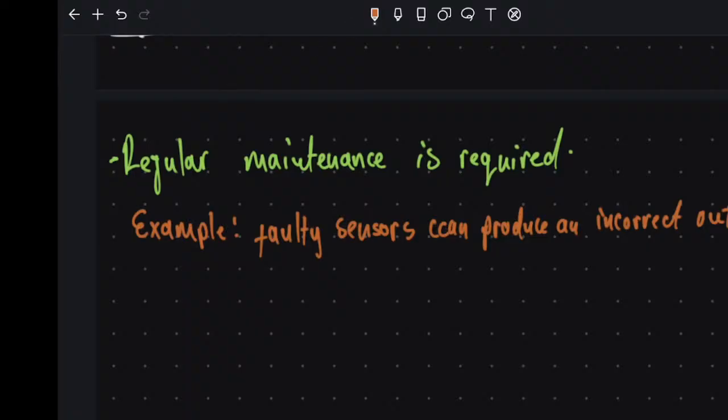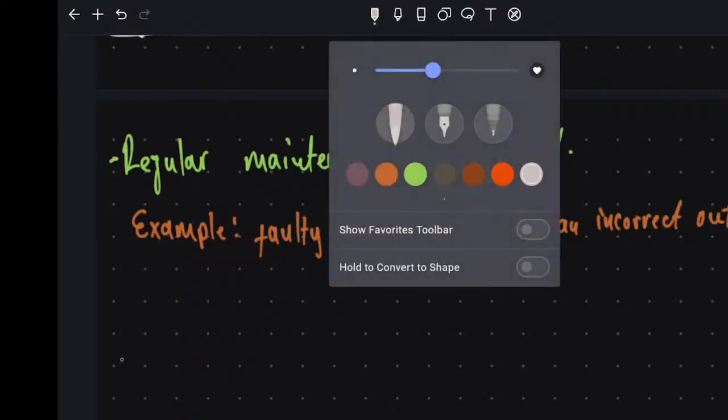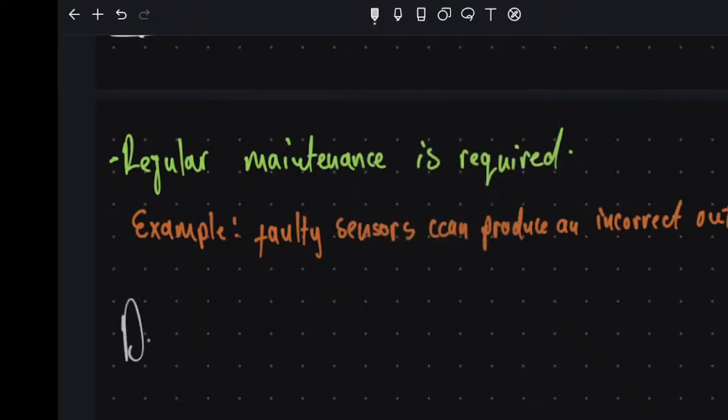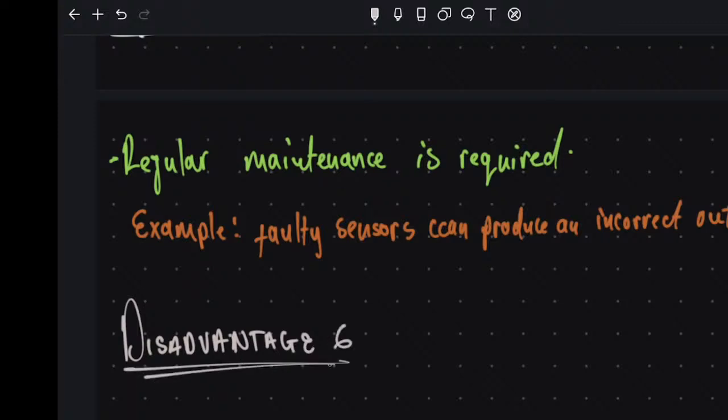Last disadvantage, number 6: job losses.